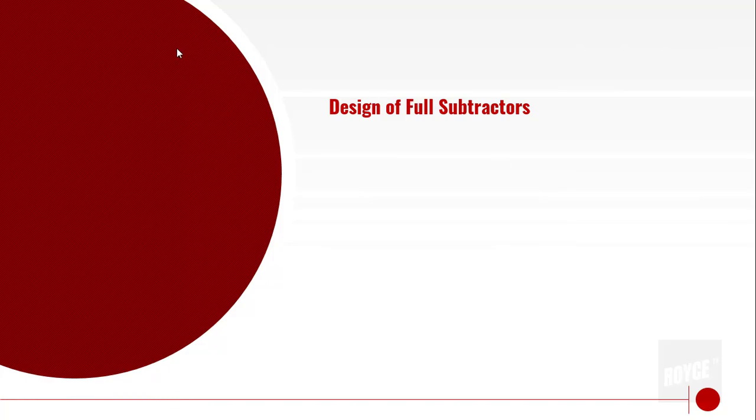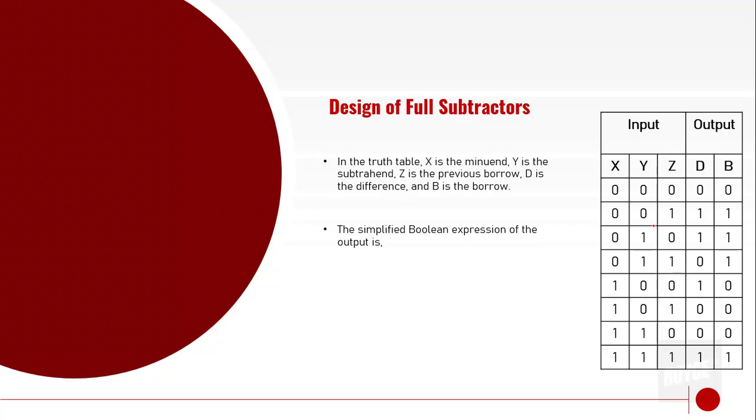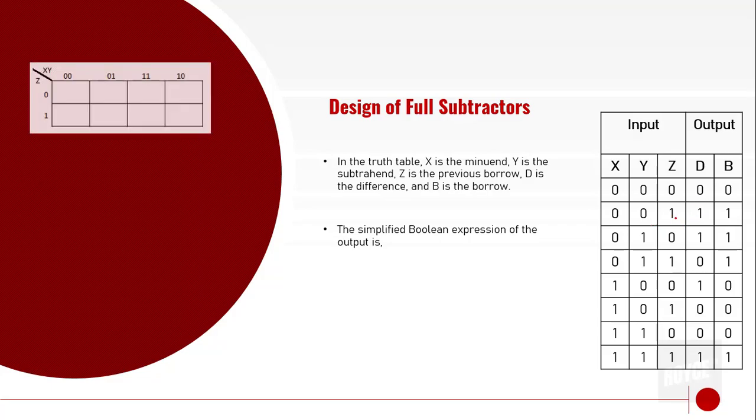Next, full subtractors. So, ganun lang ulit. We just have to plot out the truth table. So, 3 input variables na siya. 8 na yung combinations. And then, we also have to plot the output. And then, from here, we can now use the K-map to get the expression of each output.